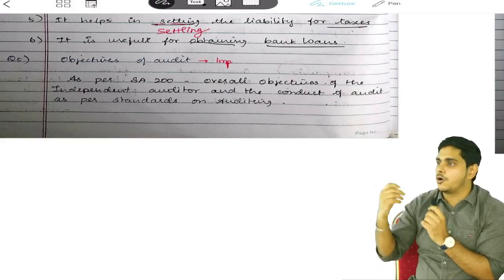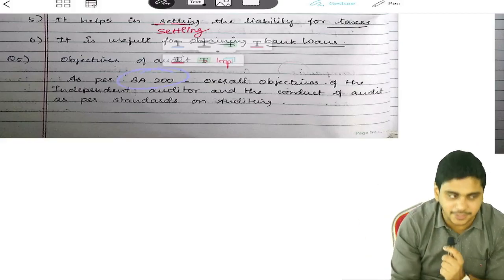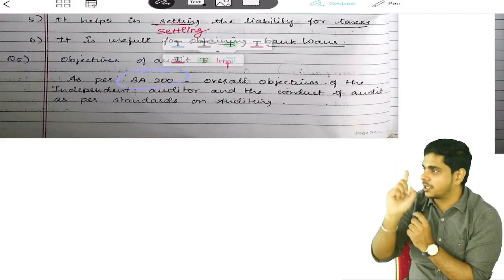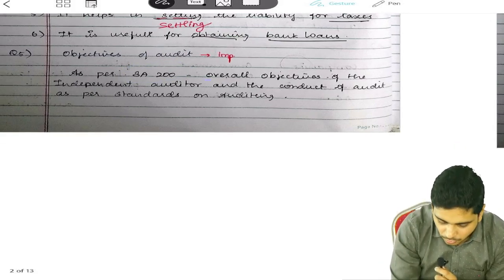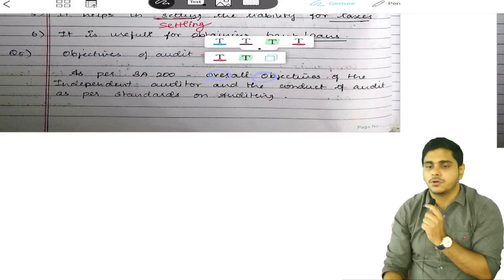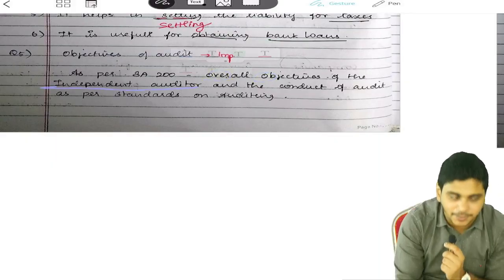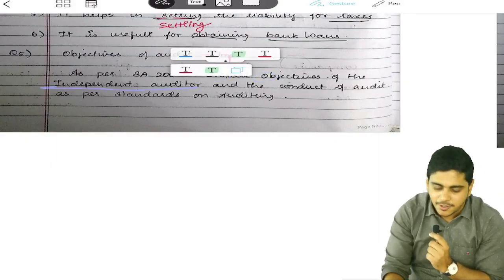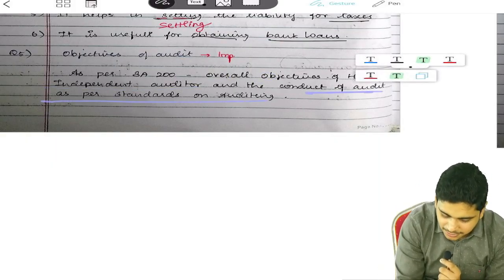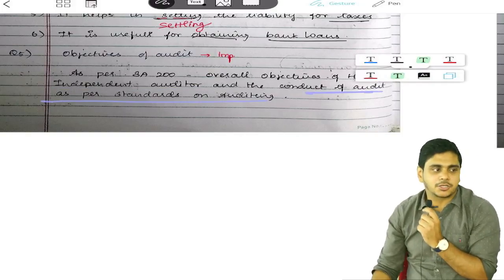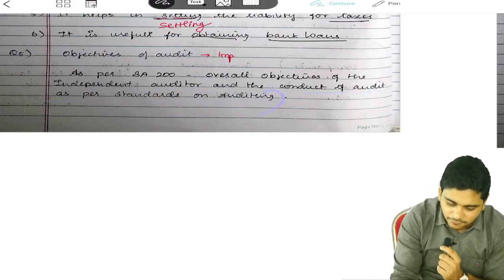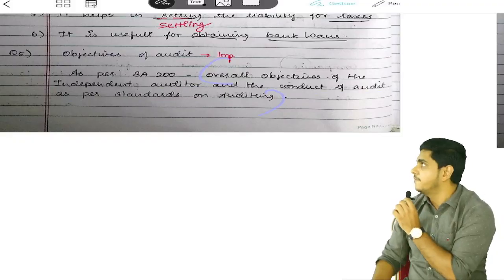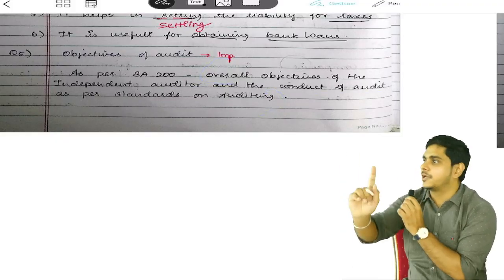So my objective is written in my first standard, that is SA 200. This is my first Standard on Auditing. The name is Overall Objectives of the Independent Auditor and the Conduct of an Audit in Accordance with Standards on Auditing. This is the full name of the standard. If you write this full name, only then will you get 1 mark.